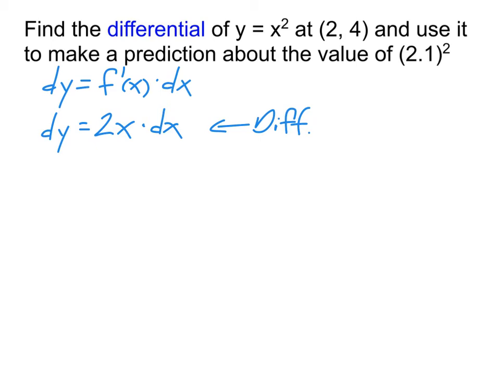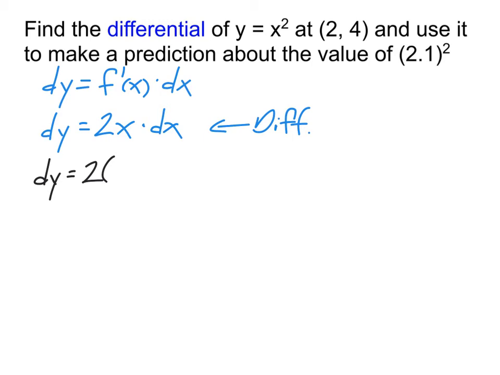Now, use it to make a prediction about the value of 2.1 squared. All right, so now we can go ahead and start using this equation. We can see how it gets applied. So, for applying it, we have dy equals 2 times x. What is the x value I'm trying to estimate here? Rather, not the one we're trying to estimate.